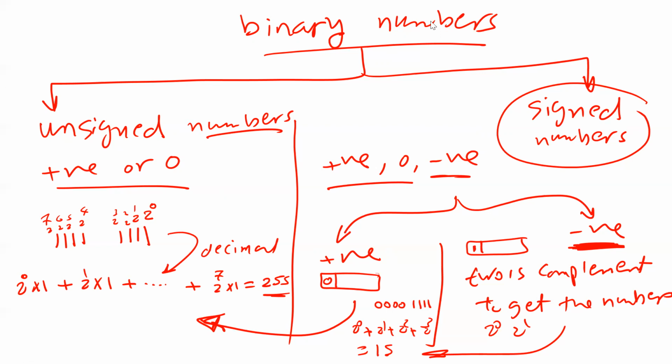Signed means this number can be positive, can be 0, can be negative. The way we convert unsigned numbers is different from the way we convert signed numbers. So if you give me a number, you have to tell me first whether this number is signed or unsigned, because the way you are going to convert it is different.